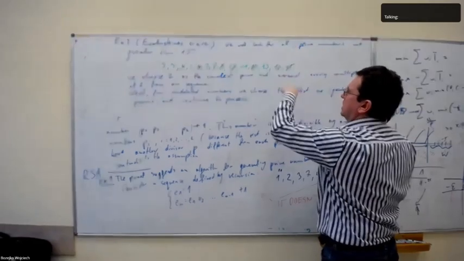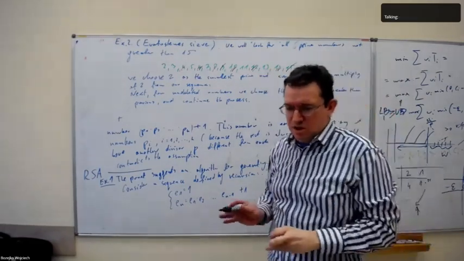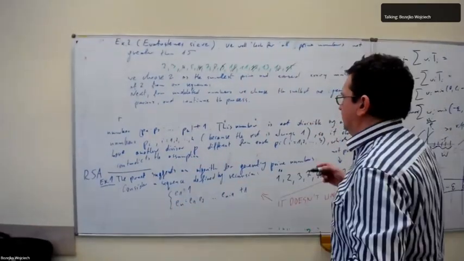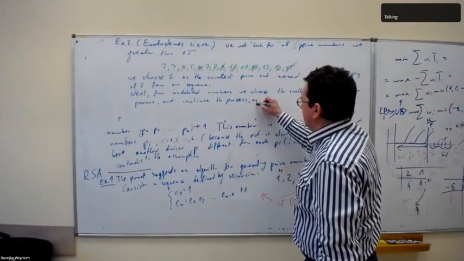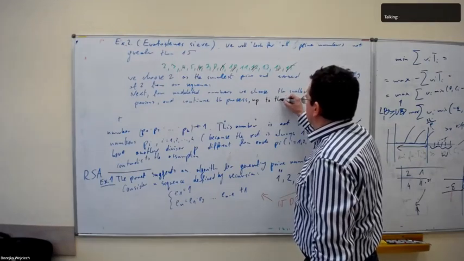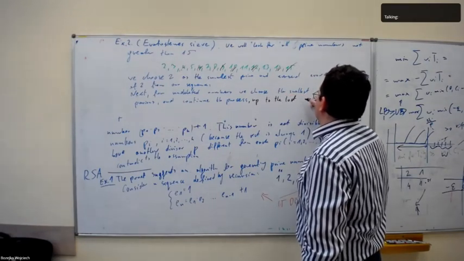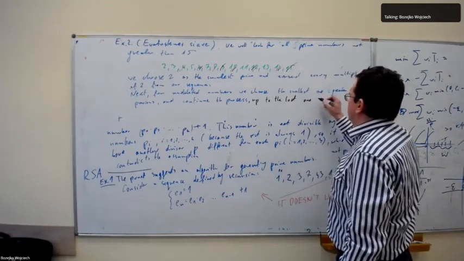11 times 2 is 21, out of the table. 13, also 26 is out of the table. This is all. We continue the process, maybe up to the last, the greatest, last one.